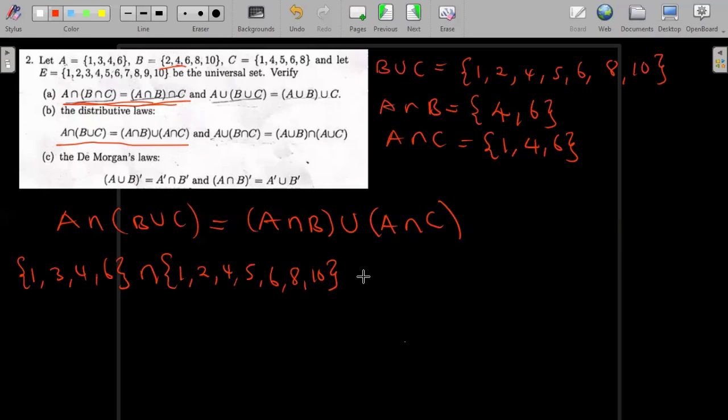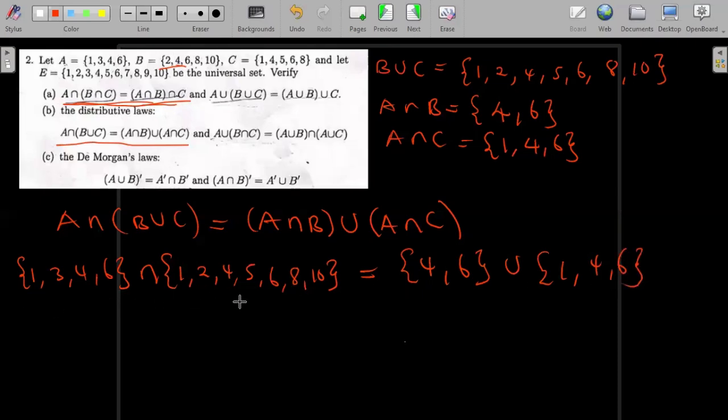Then on the other side, the right side, A intersect B is just 4 and 6. Then union, A intersect C is just 1, 4, and 6.